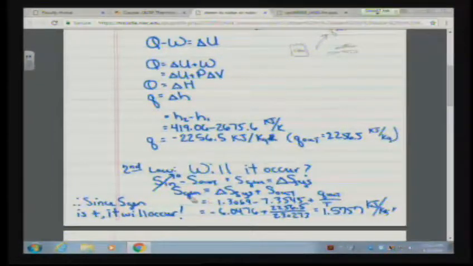So we're going to solve for S generated, which is equal to delta S of the system plus S out, because this is negative over here on the left. You bring it over to the right. Arithmetically, it adds. So we have the value of Q out, which is 2256.5. It's not negative, is it? Q out is what I'm talking about. Q out is 2256.5. Okay?